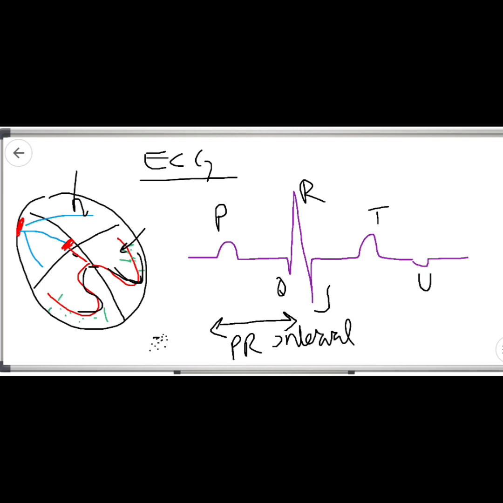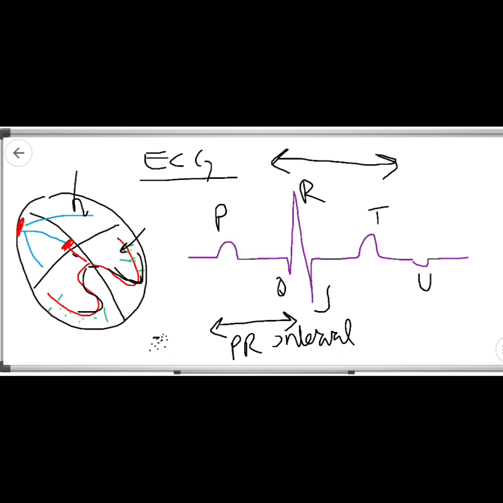Now the next thing: from the start of the Q to the end of the T, this means the time interval between the onset of ventricular depolarization to the end of ventricular repolarization.